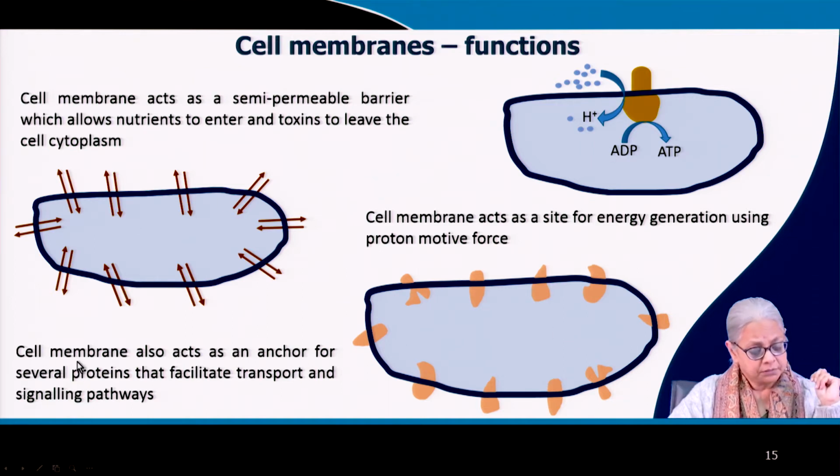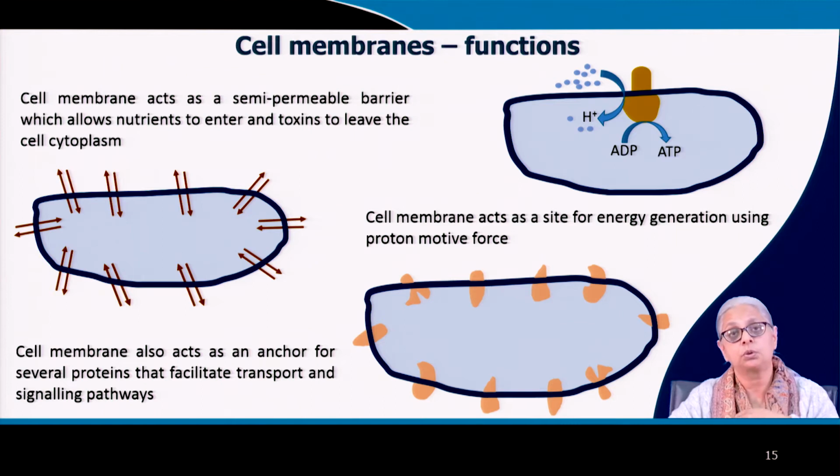And finally, the cell membrane is an anchor for several proteins that facilitate transport and signaling pathways. You have already seen ATP synthase, which is another transmembrane protein, and you have several other proteins which will determine whether water goes in and out, whether glucose goes in and out, and in what form glucose will go in and out.